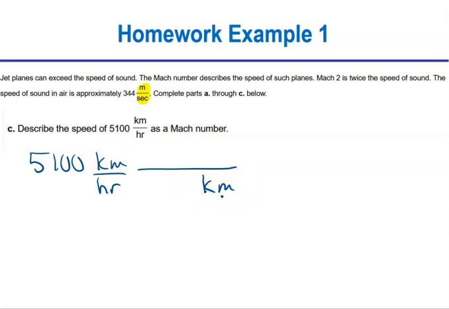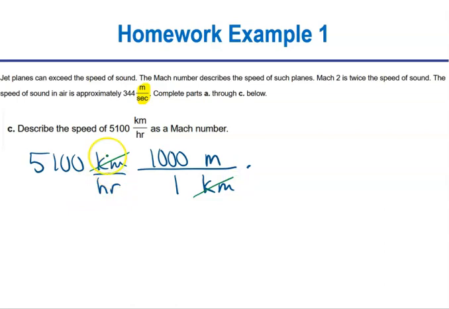Okay, and I'm also trying to get rid of hours, but let's just do one thing at a time. The kilometers needs to turn into meters. Now, there are 1,000 meters, you know this drill, and 1 kilometer. But we're not finished, right? But, just to help you feel better, we can cancel those kilometers out.